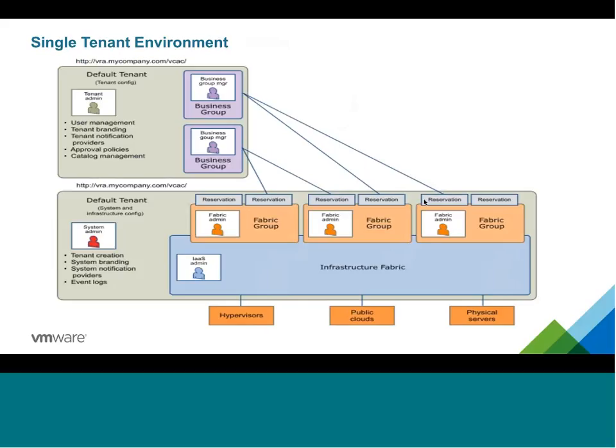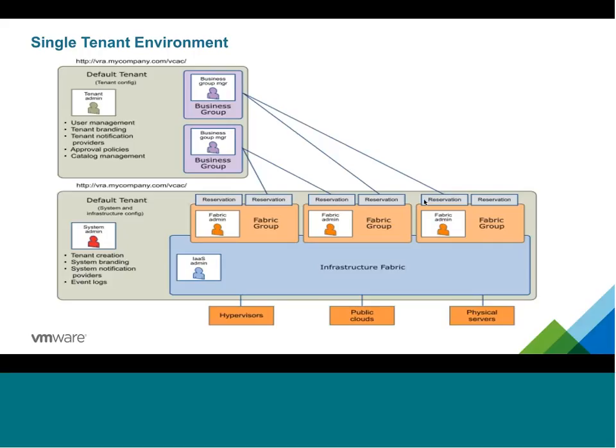So in the default tenant, the moment you configure, for example, the vsphere.local environment and log in with administrator at vsphere.local, you can create a tenant there. You do the system-wide branding, which is applicable for all the tenants, and you configure notification providers, inbound and outbound email servers, and you will be able to see event logs. That is the default tenant.